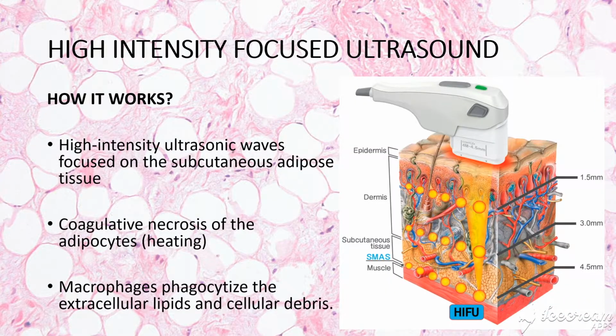High-intensity focused ultrasound works by focusing high-intensity ultrasonic waves at the level of the subcutaneous adipose tissue, causing focal coagulative necrosis with contraction and thickening of adjacent collagen bundles while sparing the overlying tissue. At the skin surface, the intensity of the waves is low enough to avoid tissue damage.